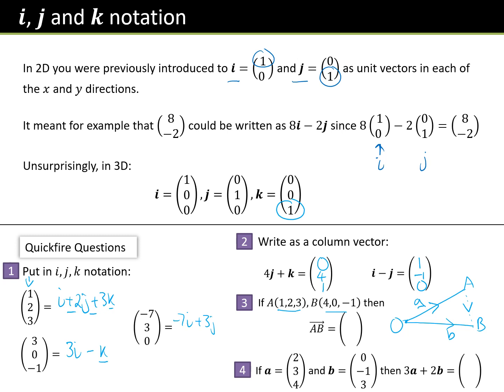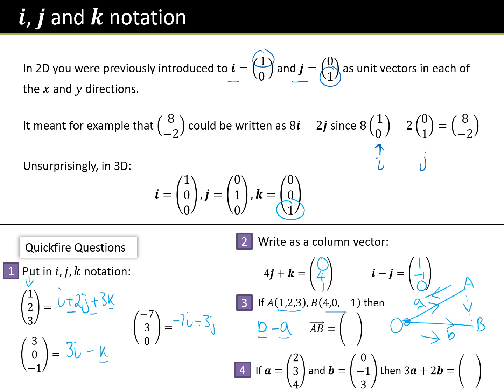We'd have to go back down A and then along B. So when you've got that common origin, the journey A to B is always B minus A. Just put the minus A second, it just makes it look a bit prettier having the negative one after the B. And with the vectors, it doesn't matter which way around you take those journeys, they're always going to end up at the same place.